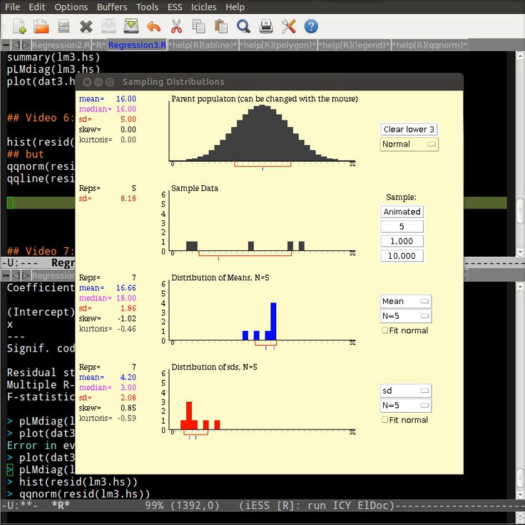Okay? Now, for small sample sizes, our sampling distribution of our parameter estimates is not necessarily normal. They will be normal only if our errors are normally distributed. Our errors being normally distributed is the assumption that we were talking about.